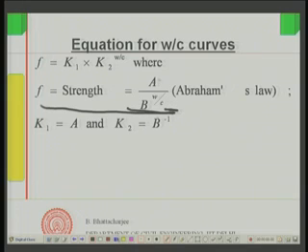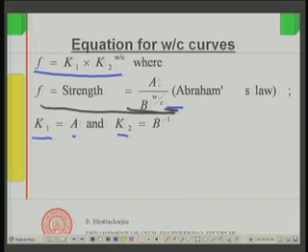That is, Abrams' law would look like this: f = A / B^(W/C). And then if I write K2 as B to the power minus 1 and K1 as A, then my strength can be written like this: f = K1 K2^(W/C).